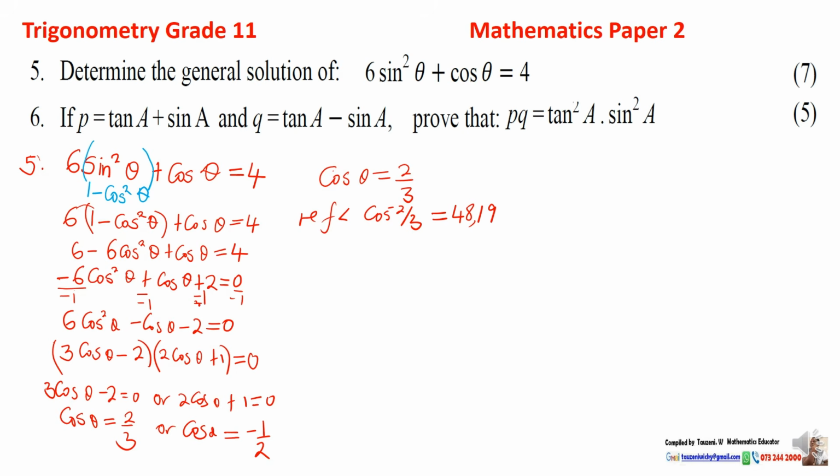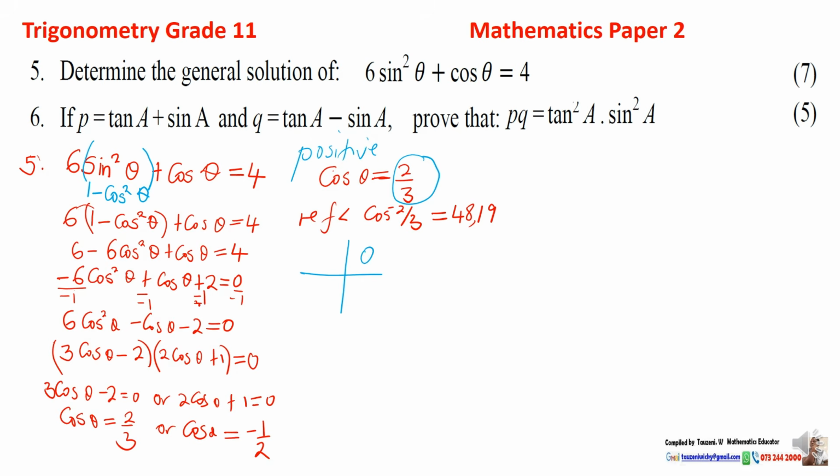So you check the value of cos theta is positive. So we know that cos theta is positive in the first quadrant and in the fourth quadrant. So we look at this number here. That number is positive. So it means you must get your solutions from the quadrants where cos is positive.